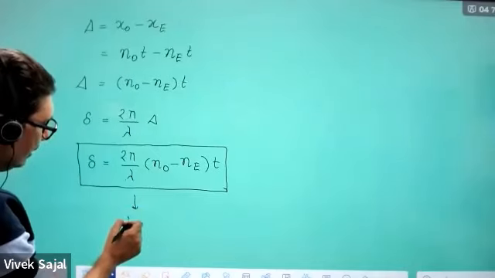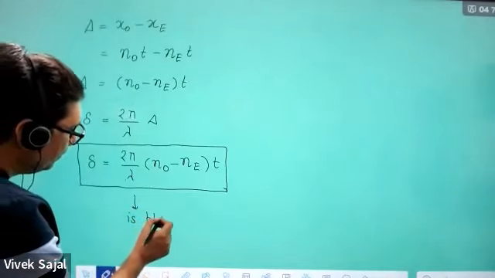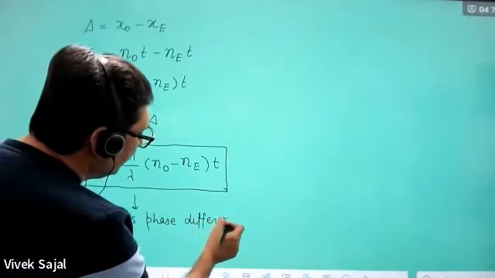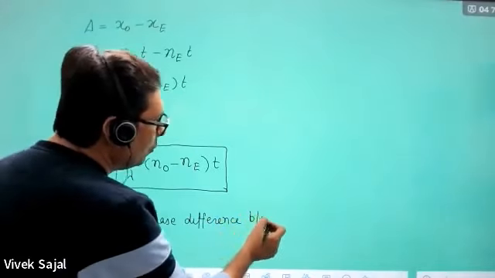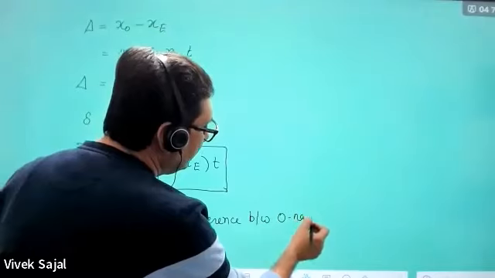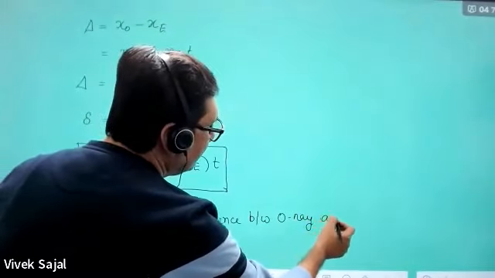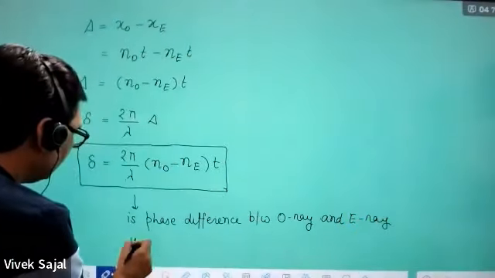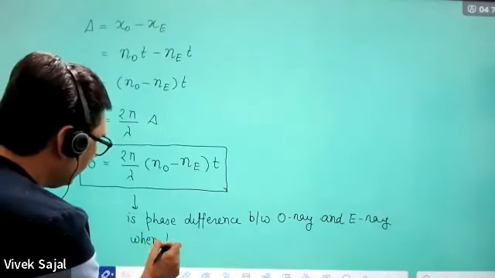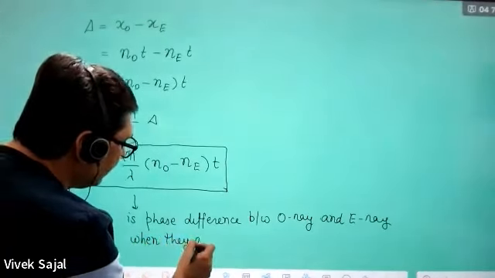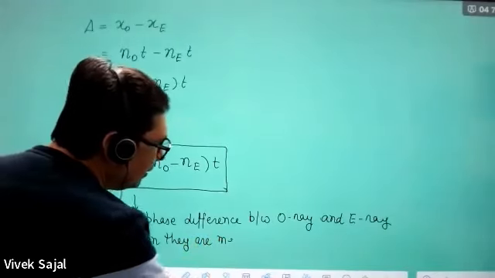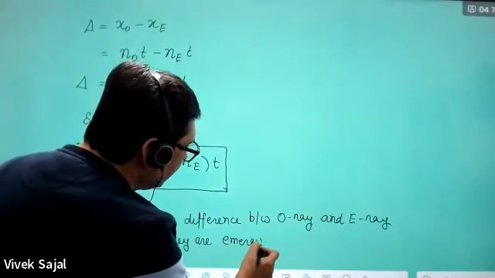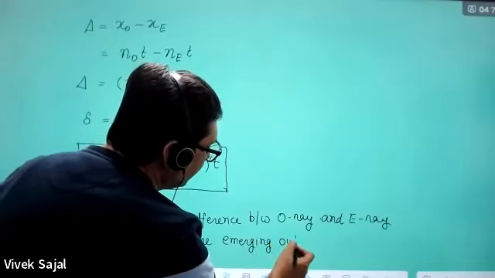So delta is the phase difference between O ray and E ray when they are emerging out from the crystal.